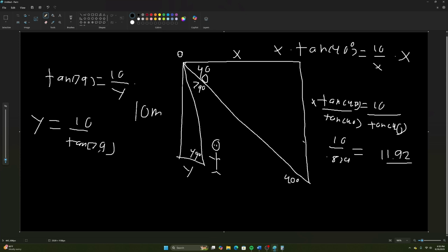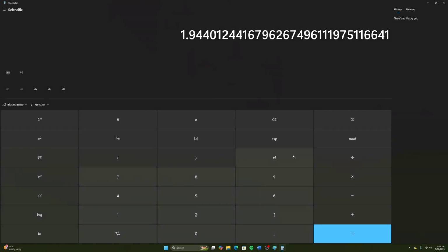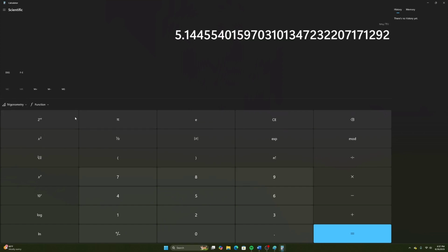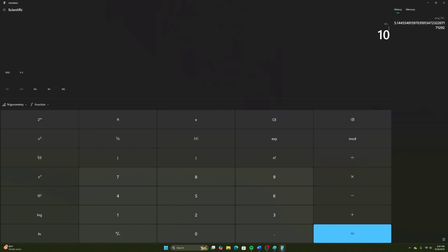Okay, now I'm going to pull out my good old buddy, the calculator. Don't read the answer, guys. Here, we're going to do the tangent of 79. The calculator's a little odd, but it's like this. And then we're going to do 10 divided by said number.